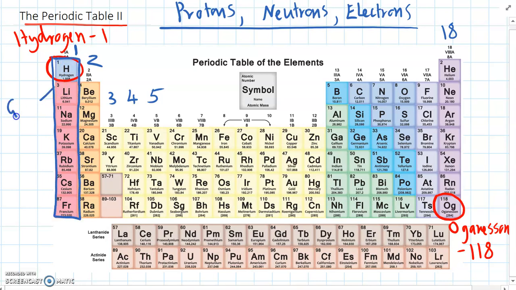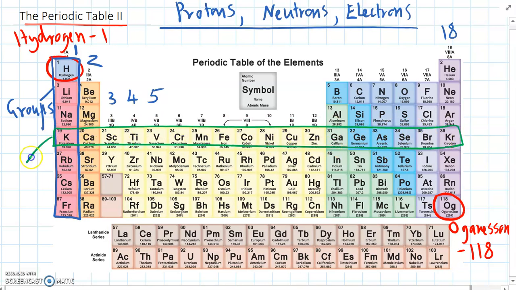So columns are called groups. And then when we look horizontally at the rows, these are called periods. And we can count down the periods. We've got 1, 2, 3, 4, 5, 6, 7 different periods.